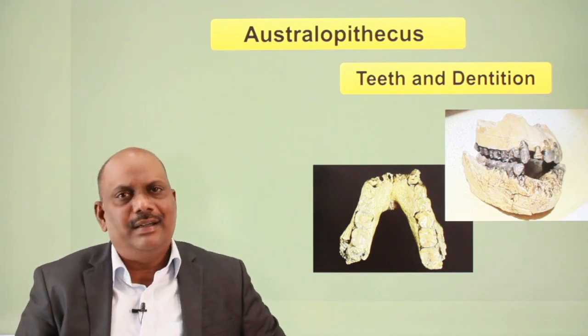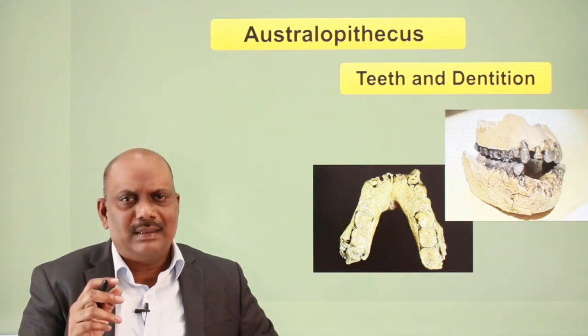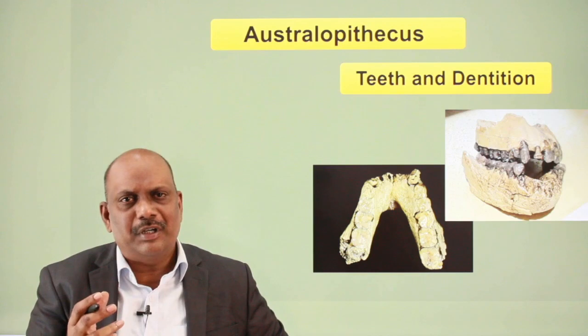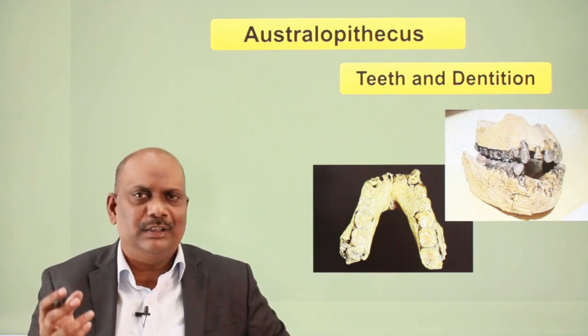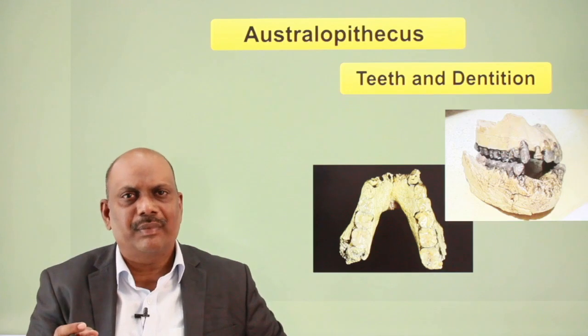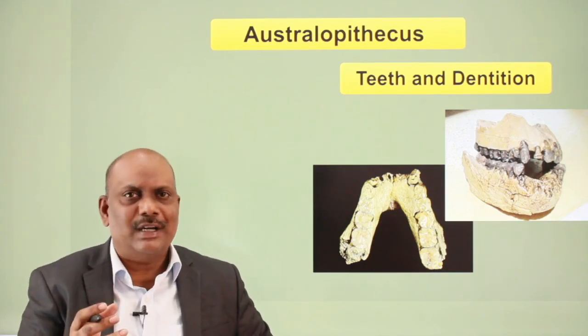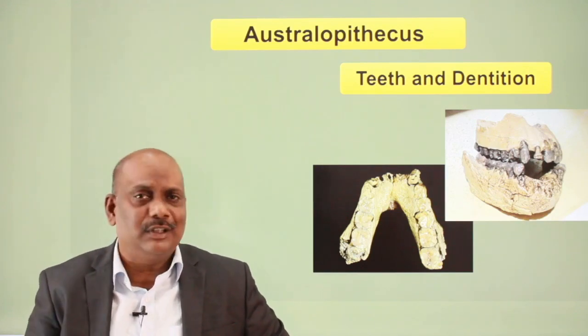So, teeth and dentition. In paleontology, the study of teeth reveals much information about the biological and cultural aspects of the fossils we are studying. By studying the teeth, we will be in a position to understand what they ate and what the environment was like.